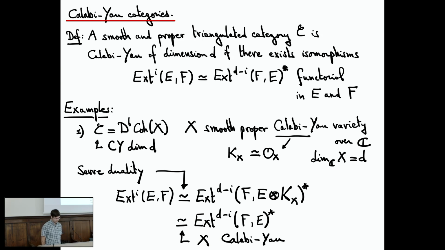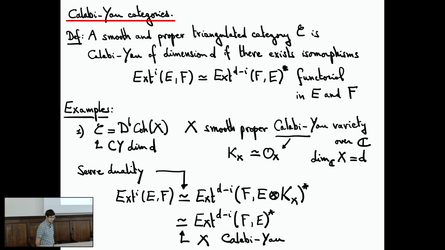And the observation is that this property is essentially a categorical notion. So you can put it in a general definition which no longer refers to the algebraic variety, but only refers to the category. You might say that your smooth and proper triangulated category C is Calabi-Yau of dimension d if there is a version of Serre duality taking this particularly simple form.